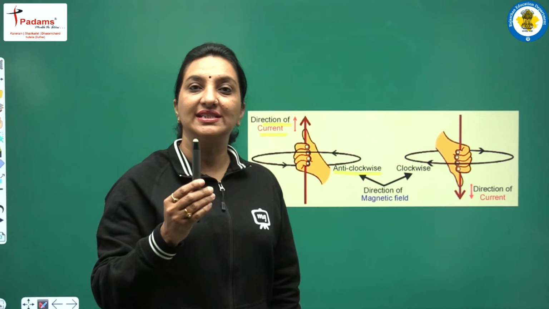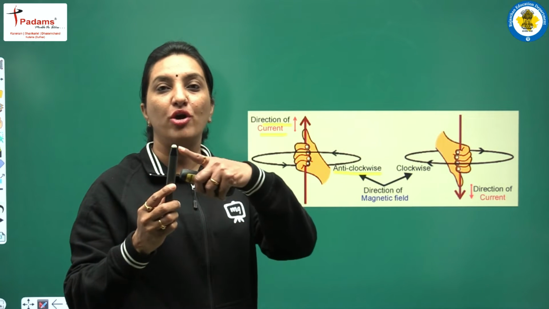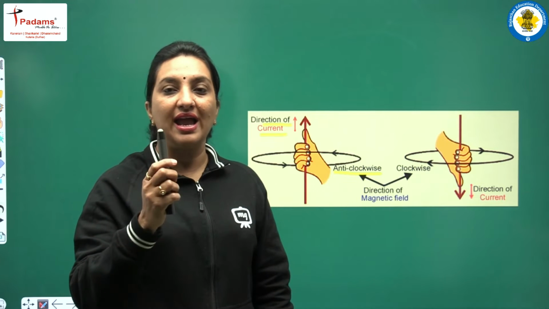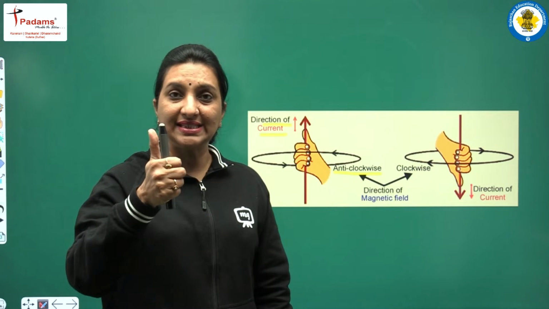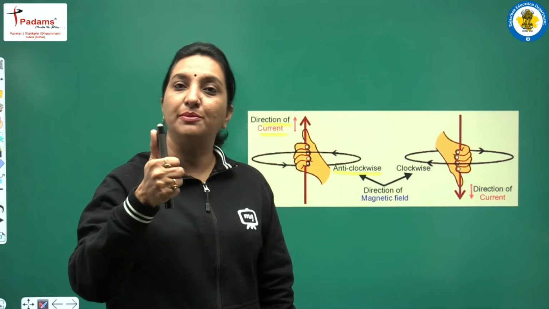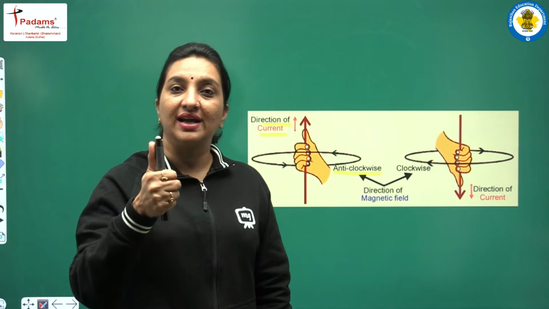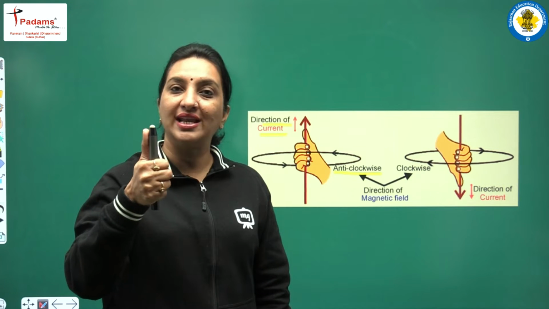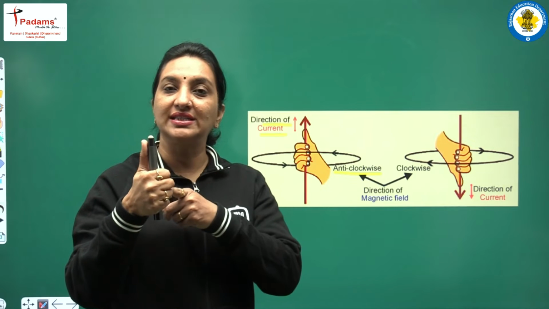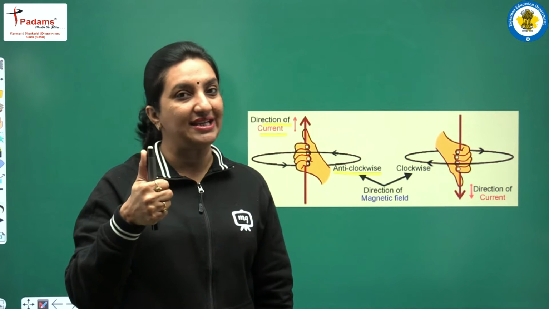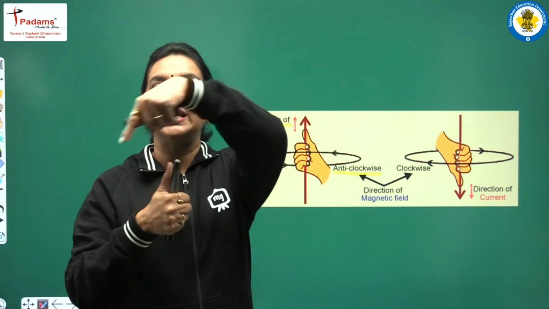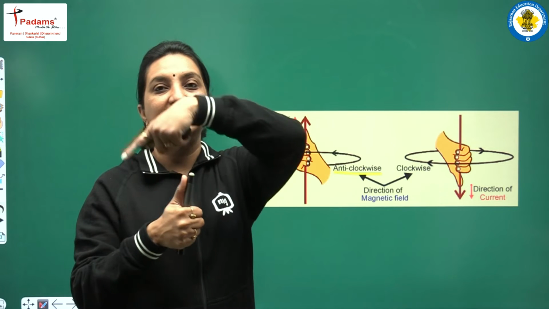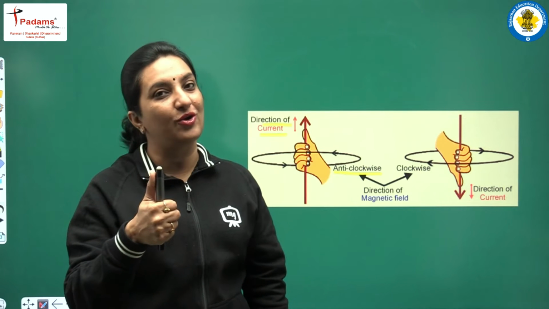If I say this is a conductor and the thumb points towards the direction of current, and if I hold this conductor in my right hand, then the curl of the fingers gives the direction of magnetic field. So, here what we see is that the direction of magnetic field is anti-clockwise.